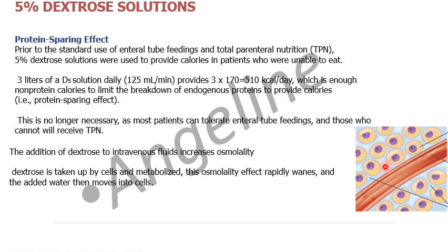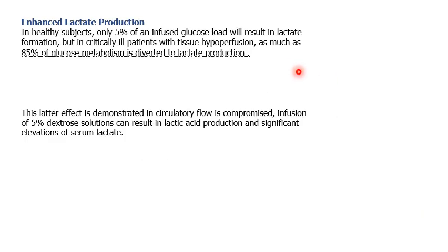Or if this dextrose is not being used, in a critically ill patient or in a diabetic, it will stay there and shrink these cells. See, it acts both ways. It can either swell it up or shrink it. So there is a lot of pericellular activity there because your dextrose here is very high. So what are the other problems? Lactate production. Your dextrose, when there is not enough oxygen in the blood, will get converted into lactate.